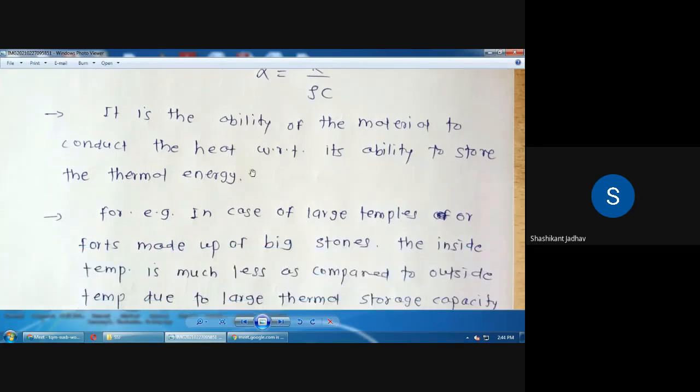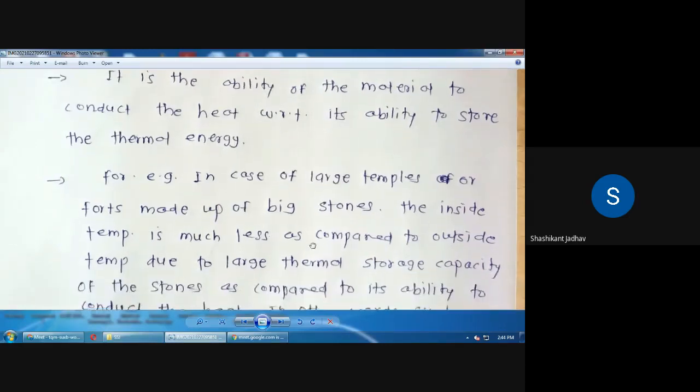सो इन द फर्स्ट एक्झाम्पल, तर आता तुम्ही बघितलं असेल, so many forts are there or so many temples are there.